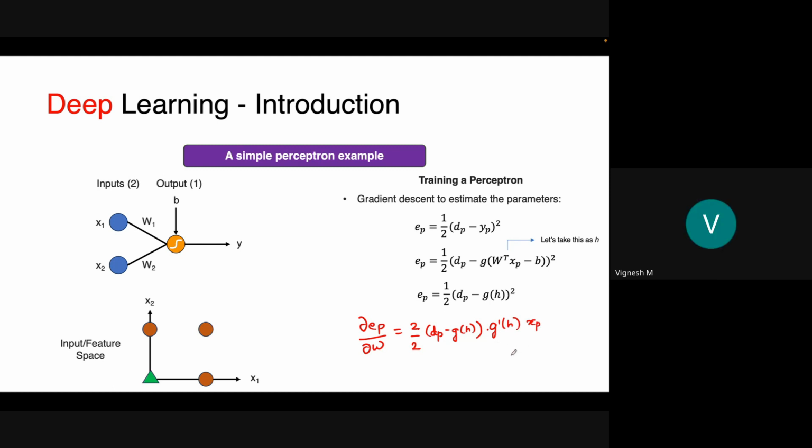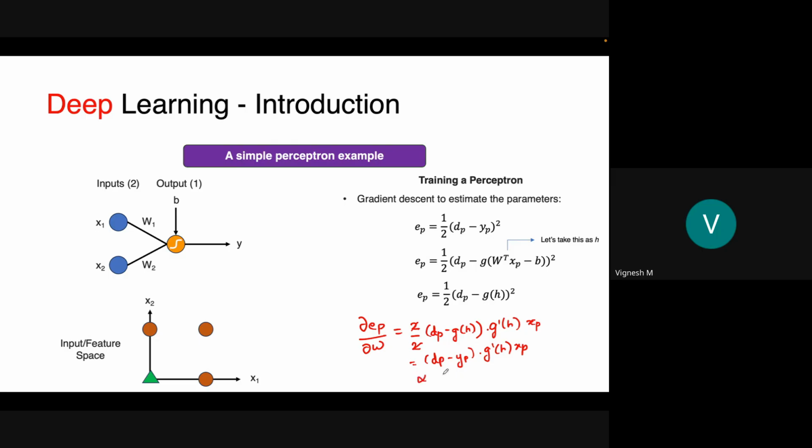Now this is nothing but y, right? So the 2 gets cancelled. So this is (d_p minus y_p) into g dash of h into x_p. In some sense, g dash of h, the gradient of the function, can be taken as a proportionality constant, because if we take a nonlinear activation function here, something like a sigmoid function, which is continuous and differentiable, that can be absorbed.